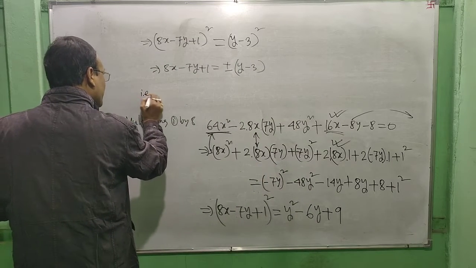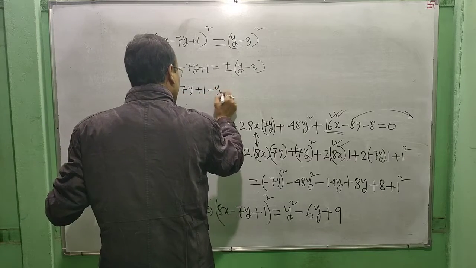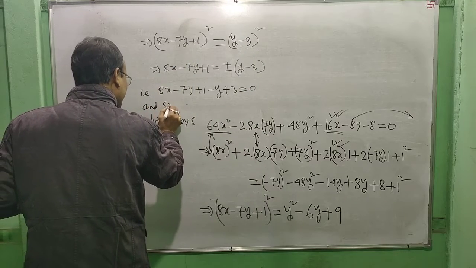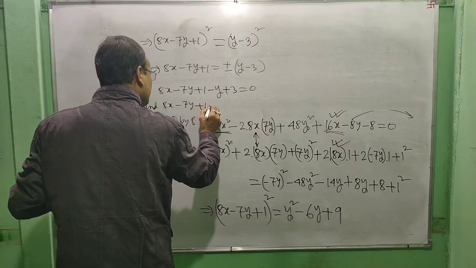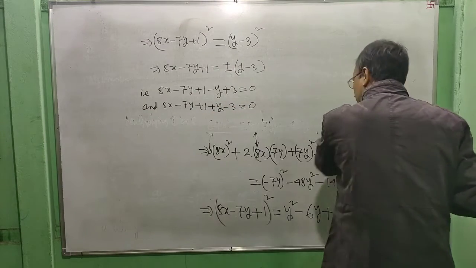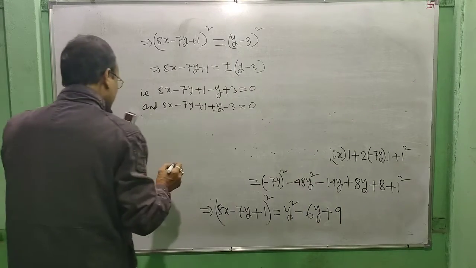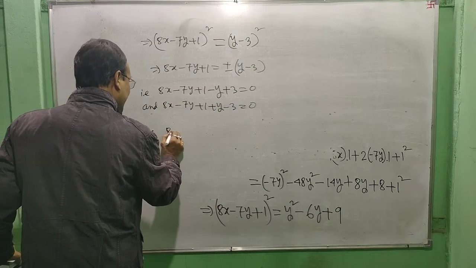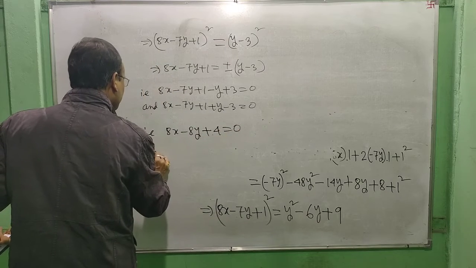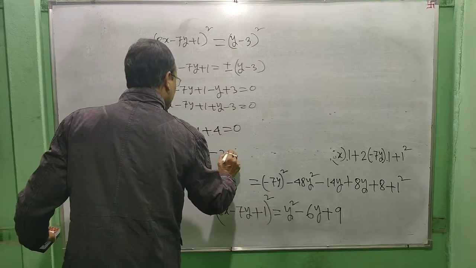That is, 8x minus 7y plus 1 minus y plus 3 equal to 0 and 8x minus 7y plus 1 plus y minus 3 equal to 0. That is 8x minus 8y plus 4 equal to 0 and 8x minus 6y minus 2 equal to 0.